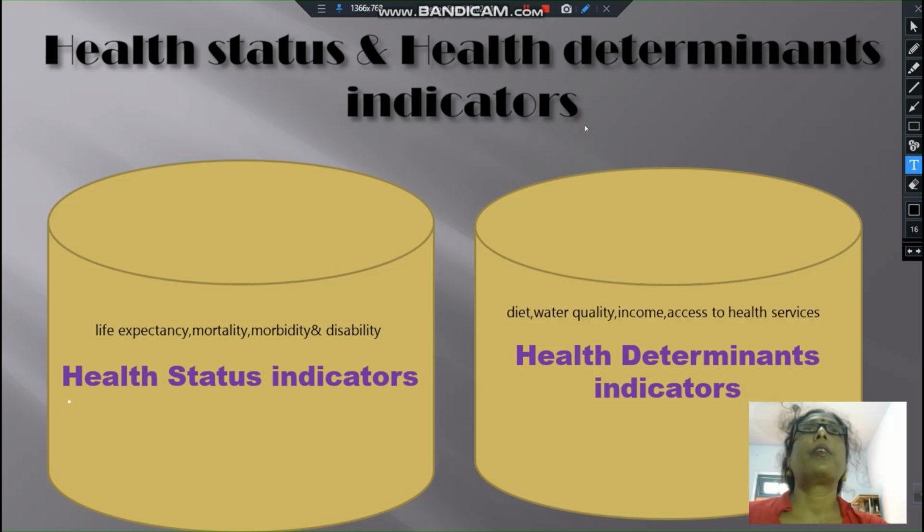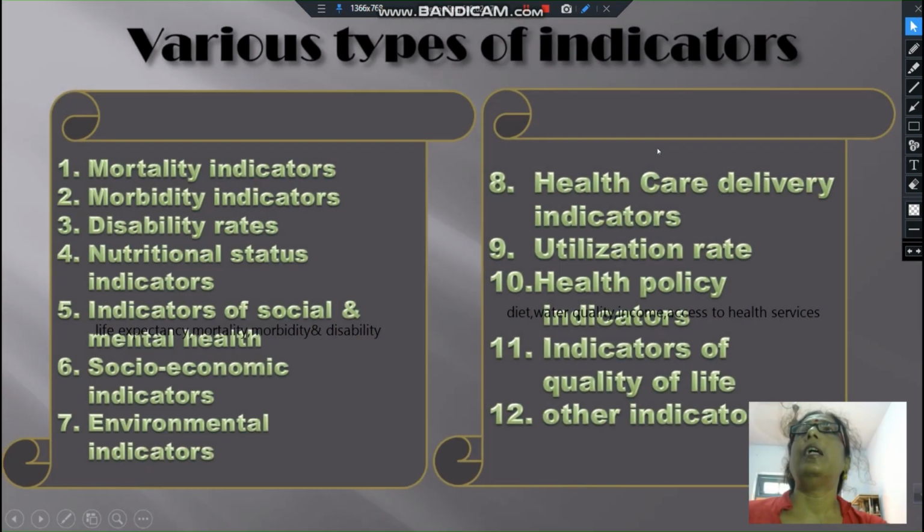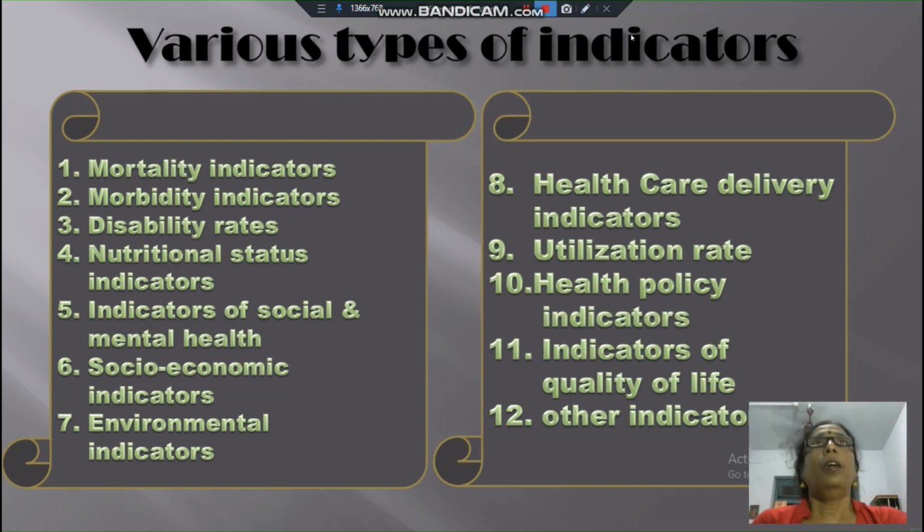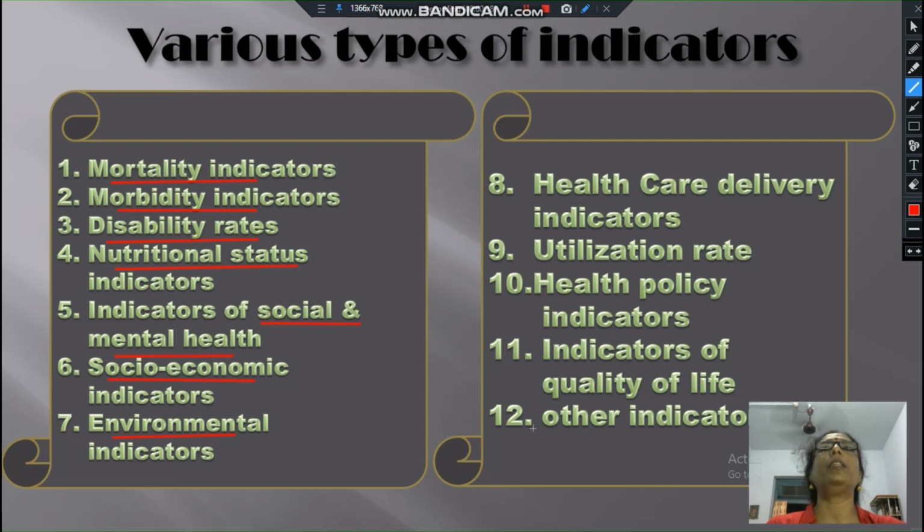So the various types of indicators are mortality indicators, morbidity indicators, disability rates or indicators, nutritional status indicators, and indicators of social and mental health, socio-economic indicators, environmental indicators, and healthcare delivery indicators, utilization rates, and health policy indicators, and indicators of the quality of life, and other indicators.